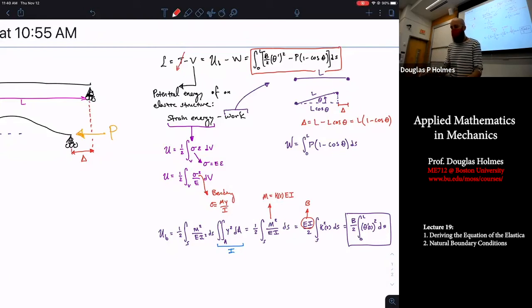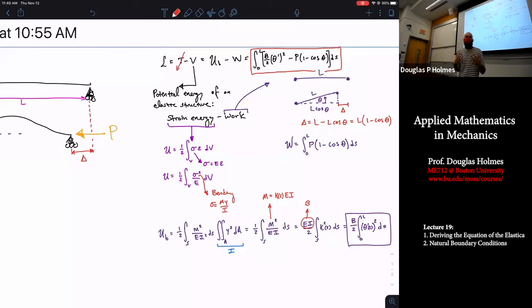I will split you off into groups and then just kind of check in on you every so often. The last thing I'd like you to do, once you solve this problem, is try to understand the boundary conditions you found in terms of the boundary conditions that you recall from mechanics of materials for the equation of an elastic curve.